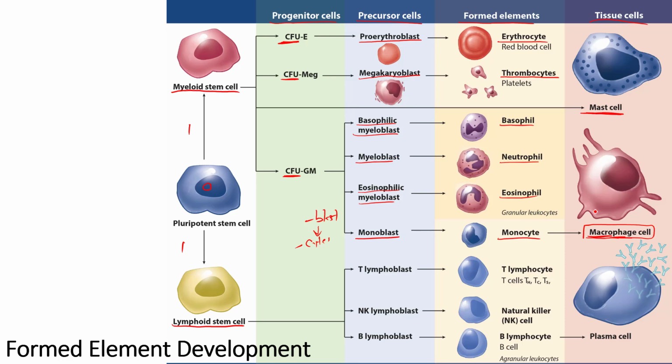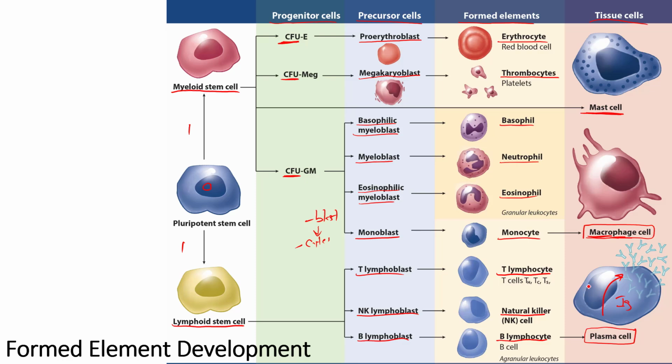The other direction that we can travel here is to lymphoid stem cells, so we can go to T lymphoblasts, natural killer lymphoblasts, and B lymphoblasts, which will differentiate into various T lymphocytes, natural killer cells, and B lymphocytes. And then B lymphocytes, when they're activated, can become plasma cells, which are the cells that produce antibodies or immunoglobulins.